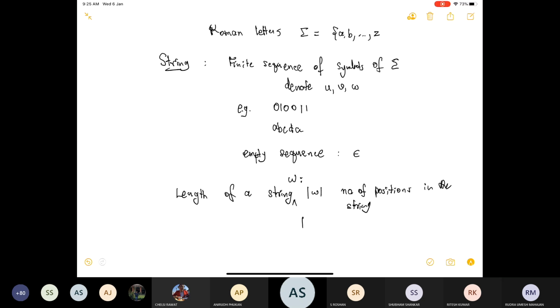So the empty string epsilon has length 0, and A, B, C has length 3.